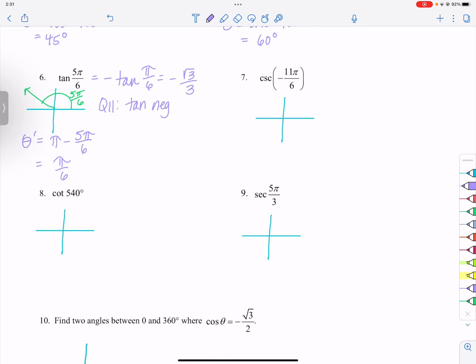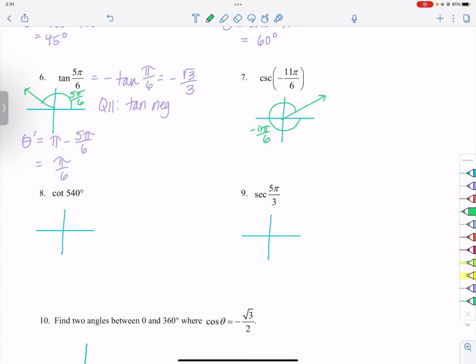Okay, the cosecant of negative 11 pi over 6. So if you take a look at negative 11 pi over 6, you go almost to 12 pi over 6. Okay, so this is negative 11 pi over 6.